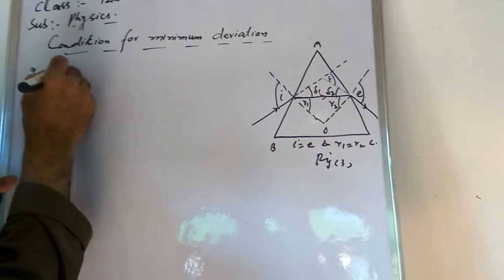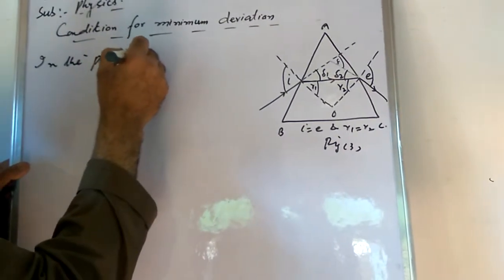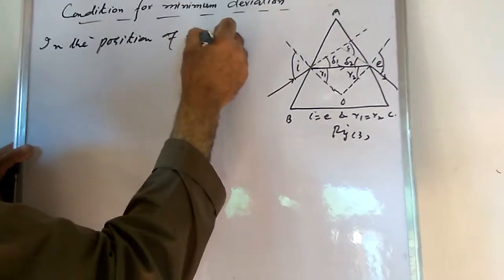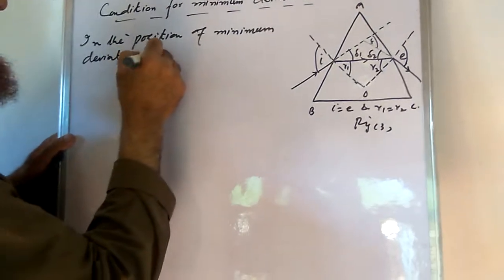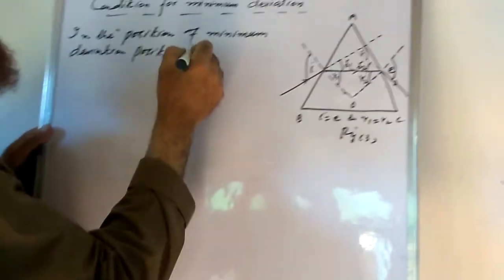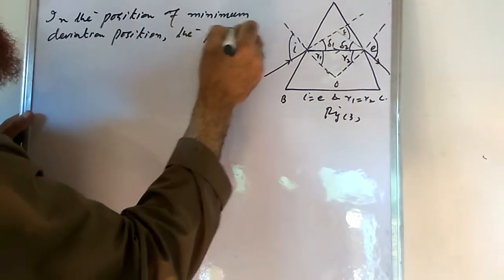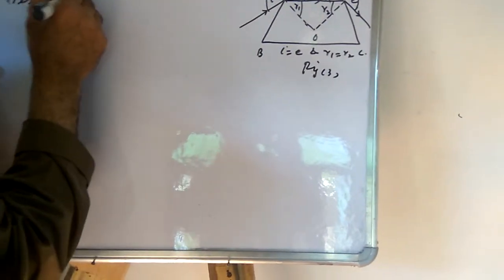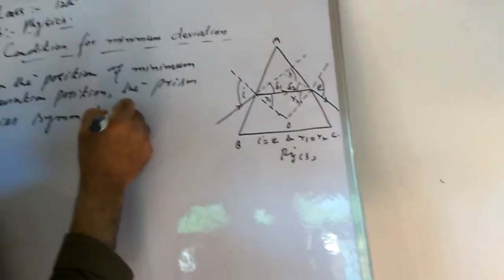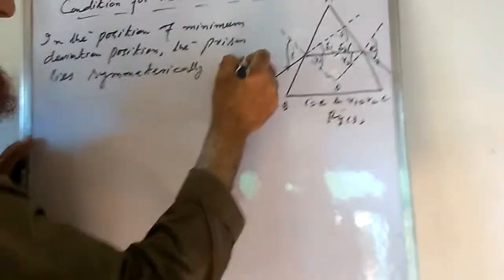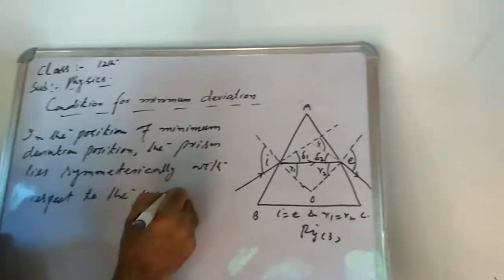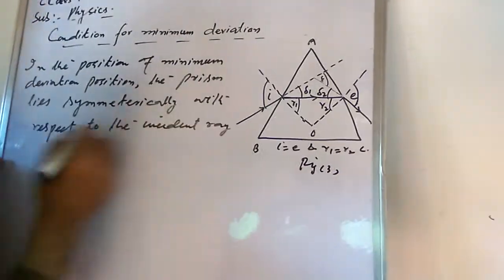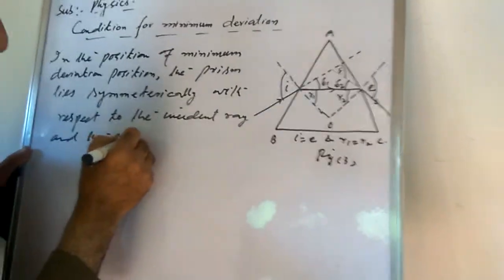I will write it here. Position. The prism lies symmetrically with respect to the incident ray and the emergent ray.